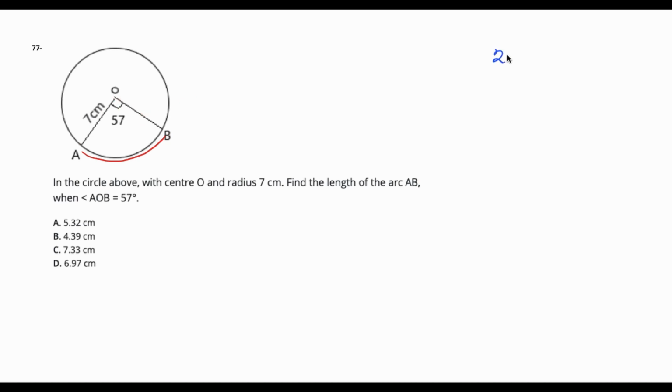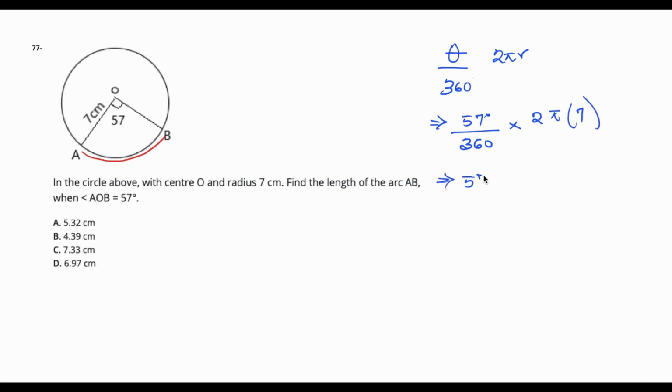So we have 2 pi r as the circumference of our circle, but we're not interested in the perimeter of the entire circle. We're just interested in the certain angle over 360. In this case, the angle is 57 degrees. So this is going to be equal to 57 degrees divided by 360 multiplied by 2 pi, our r is 7.